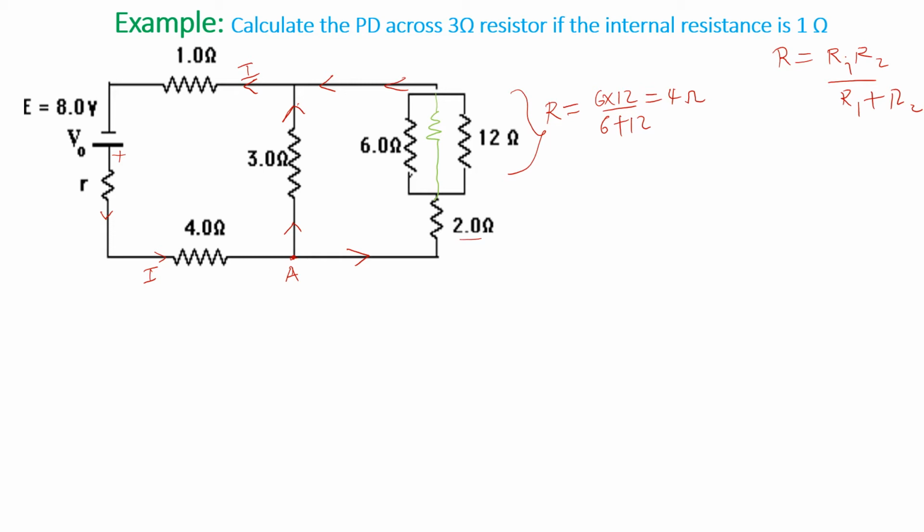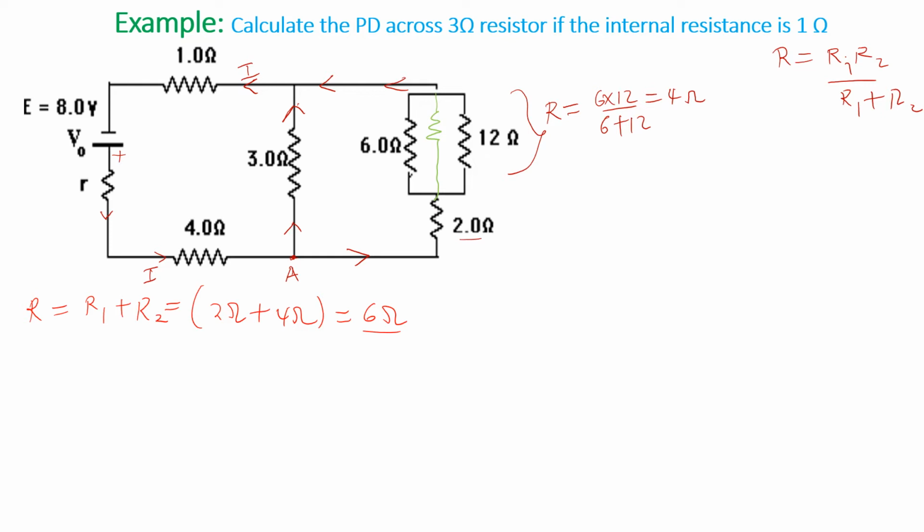For series connection, R effective is equal to R1 plus R2, so 2 ohm plus 4 ohm gives you 6 ohm. So instead of the 6, 12 and 2, we have only a 6 ohm resistor.